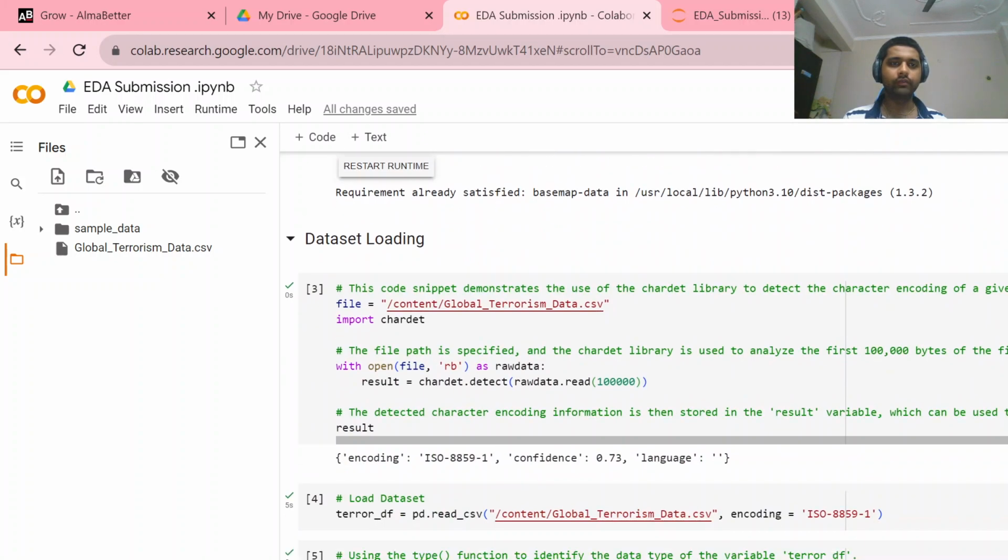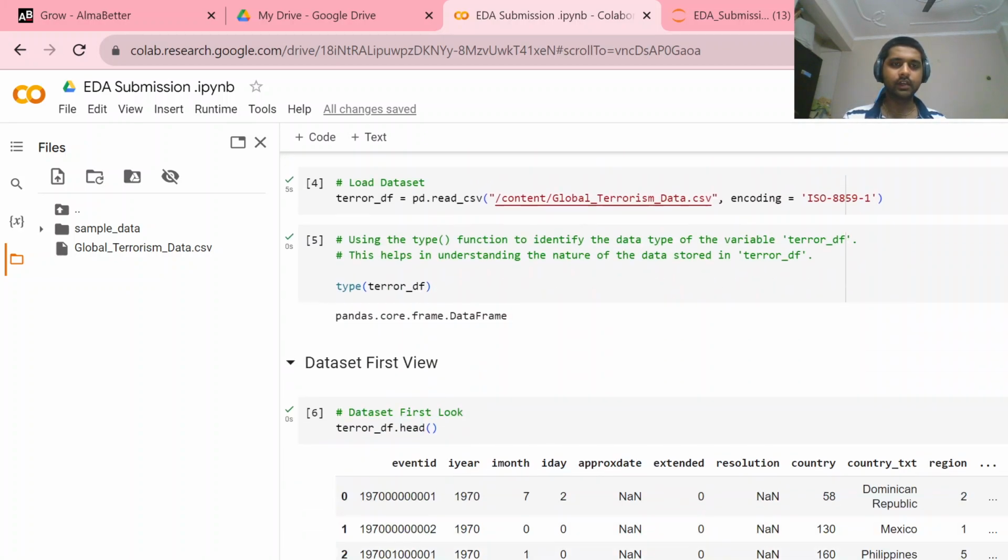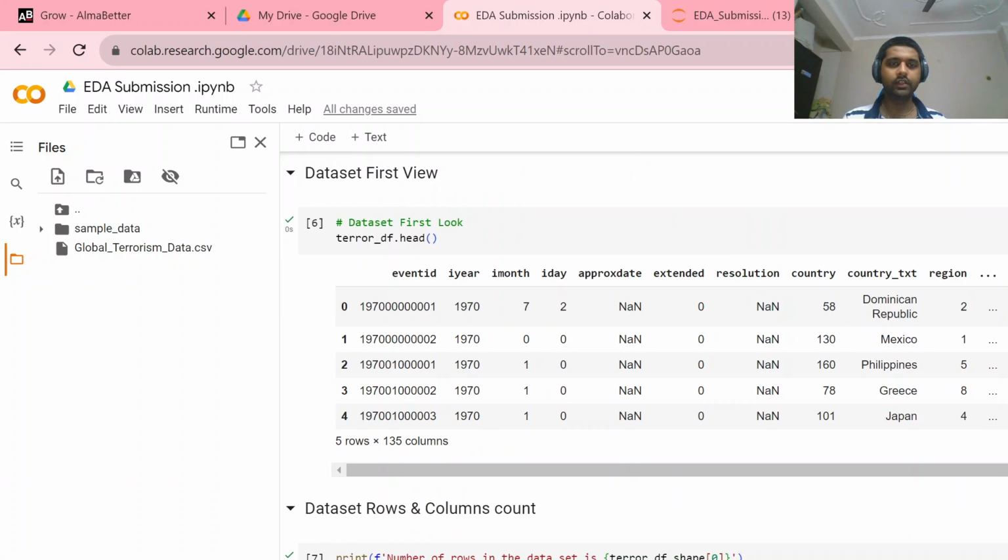Here we first mount our Google Drive, and from Google Drive we load our data as we do in a Jupyter Notebook. This is the first view of our data.